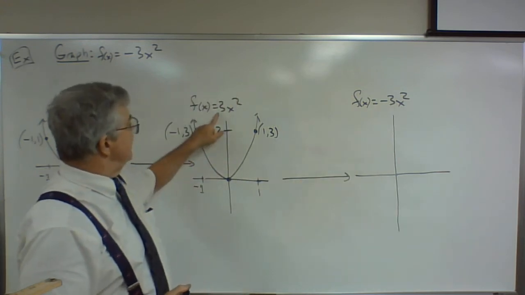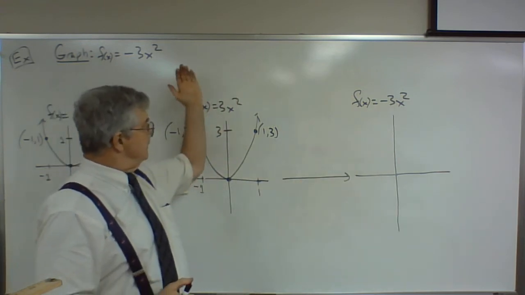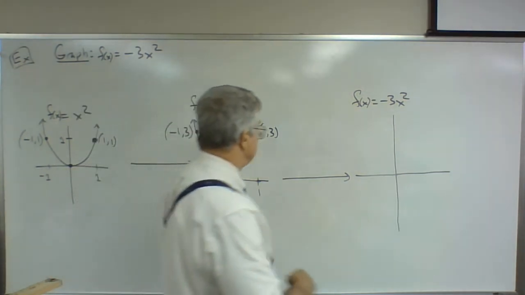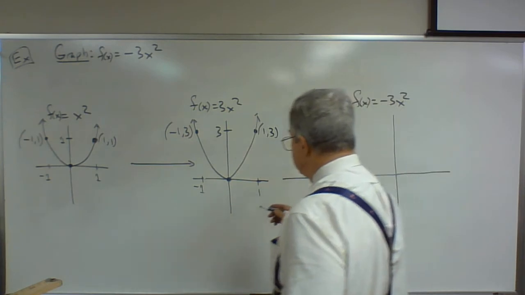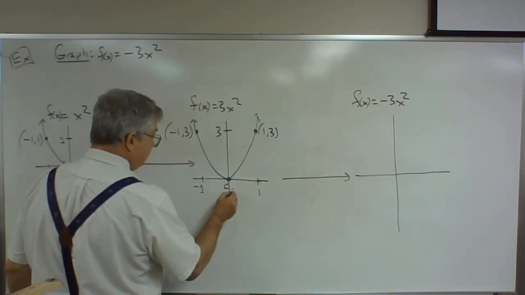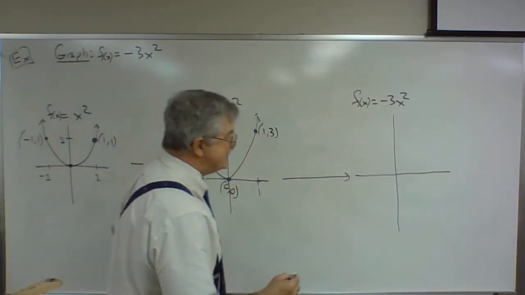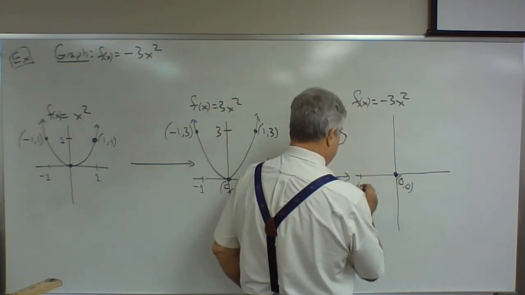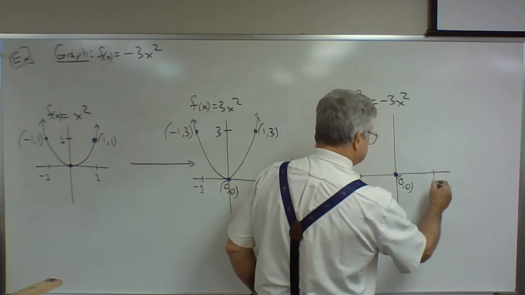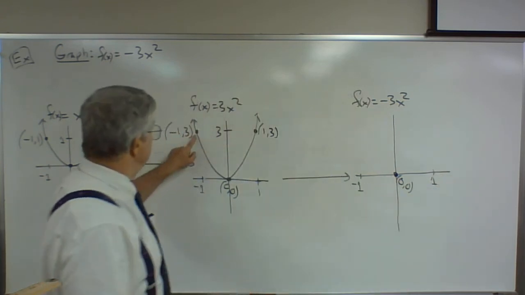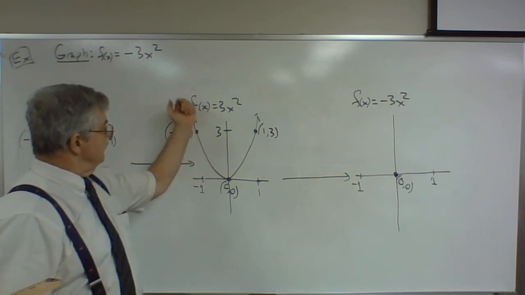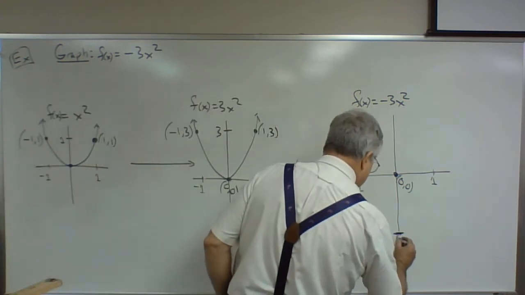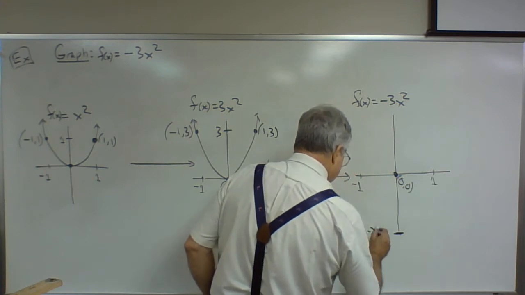Don't I just take the graph of f of x equals 3x squared and rotate it about the x-axis? So let's see, the point 0, 0 right here will stay put. The point 1, 3 gets rotated about the x-axis, so it's going to be negative 1, negative 3.